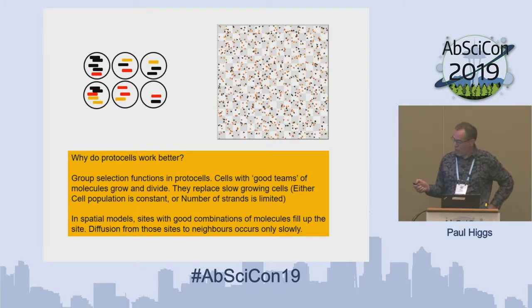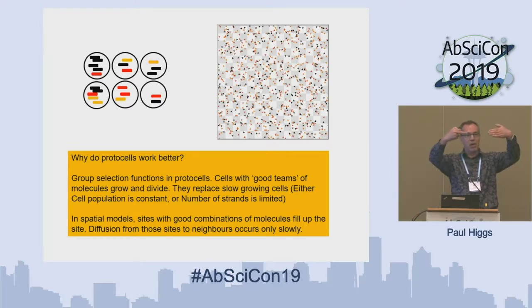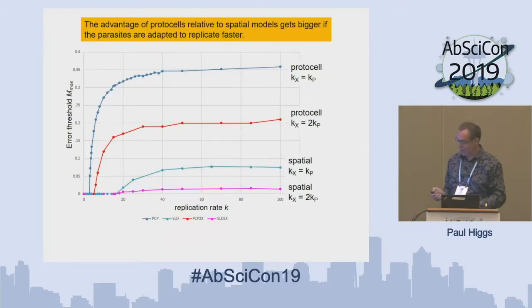So one way or another, there's group selection in protocells, which is not really happening in spatial models, because in spatial models, when we have a good team of molecules on one site, it fills up that site and stops itself replicating. It can only continue by diffusing molecules out of that site to its neighbors. So that mechanism works, but it works less well than in protocells.